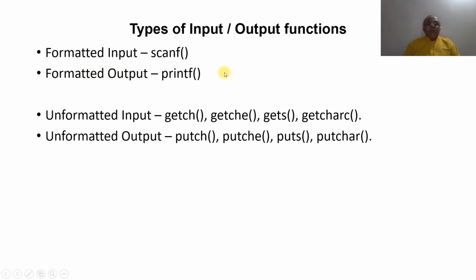The formatted input is scanf and formatted output is printf. Similarly, unformatted input is getch, getche, gets, getchar, and unformatted output is putch, putche, puts, and putchar.